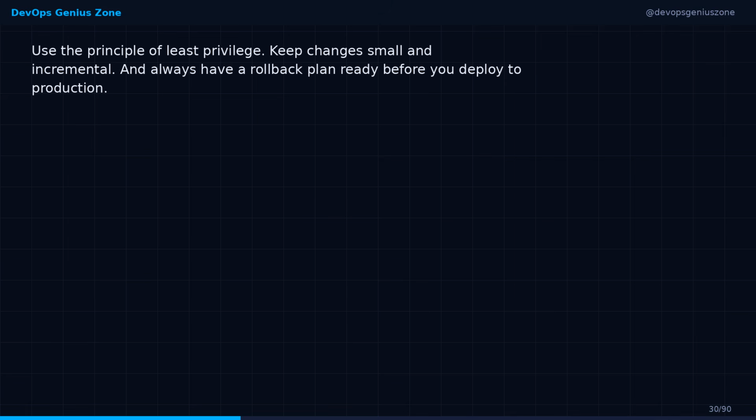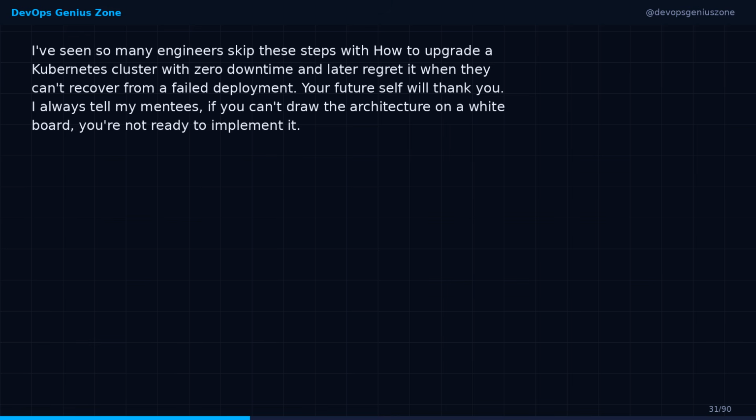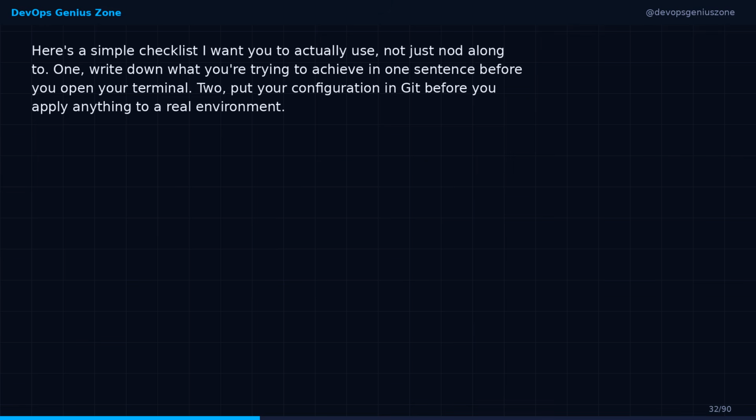Here's a simple checklist I want you to actually use, not just nod along to. 1. Write down what you're trying to achieve in one sentence before you open your terminal. 2. Put your configuration in Git before you apply anything to a real environment. 3. Test in a throwaway or staging environment first, even if it's a tiny scaled-down version of production. 4. Know exactly how you'd undo the change before you make it. 5.